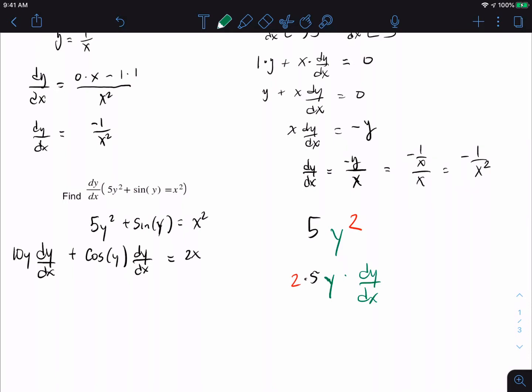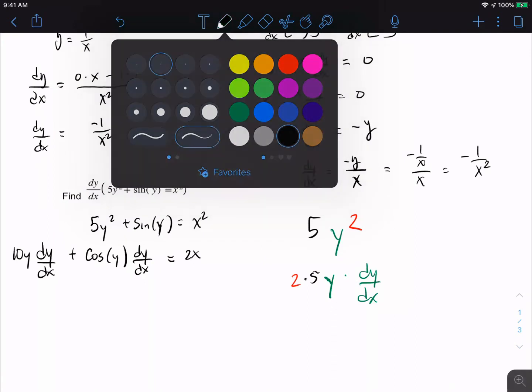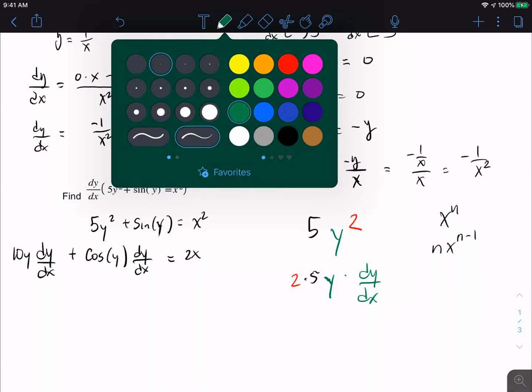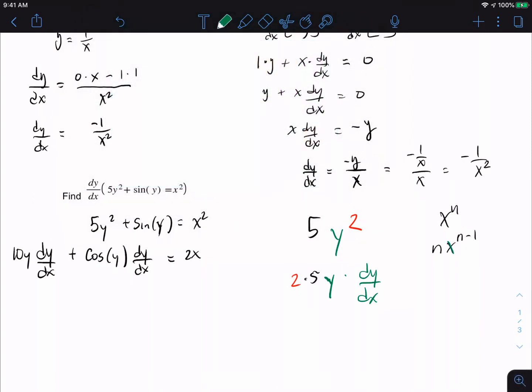Where does the square go, though? So it's the power rule. If we go back to just the power rule, that brought the 2 down. But when we really do the chain rule, we take it for granted. That's a green x.